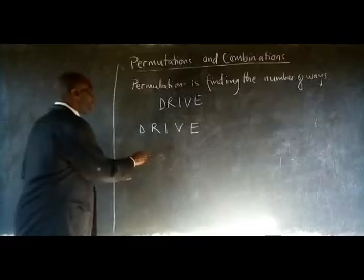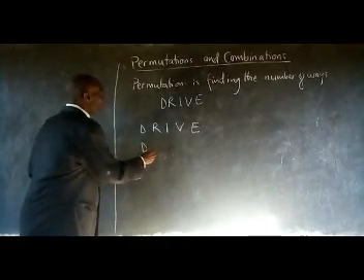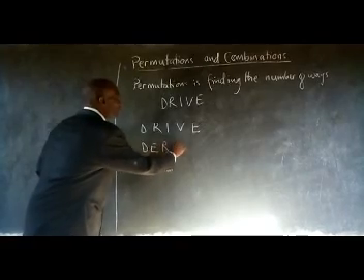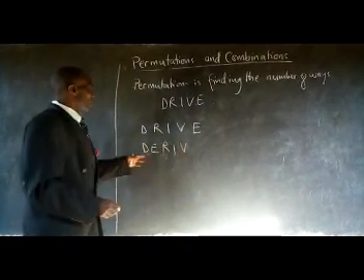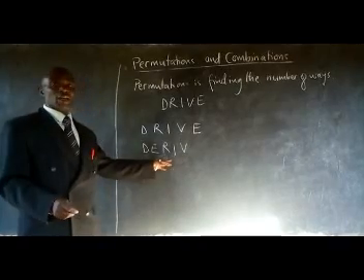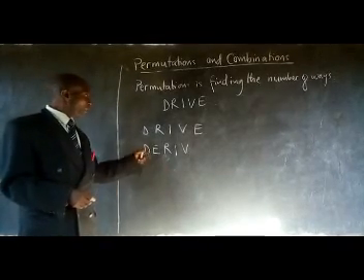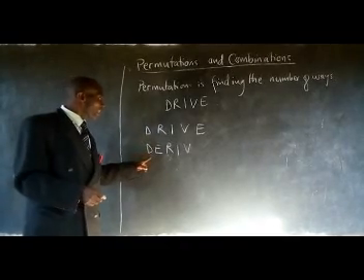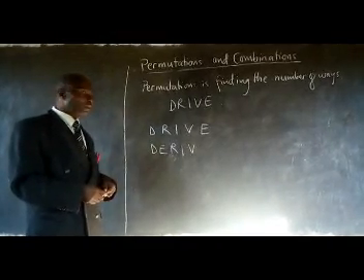You can alternate it: if I start with the D, I can start with the E, followed by R, followed by I, V. They are the same letters, but they are written in a different order. So this one is one way, this one is another way. You can continue like that.